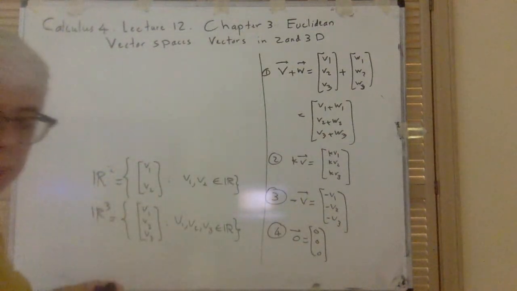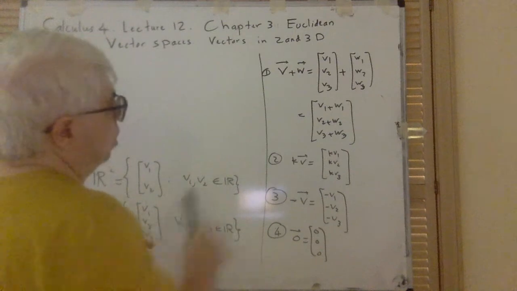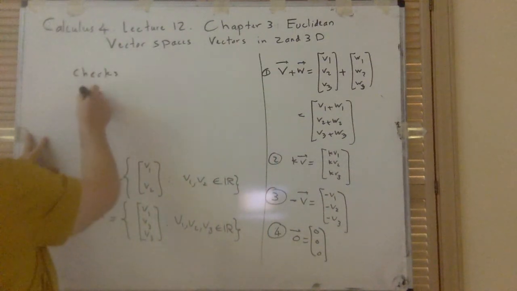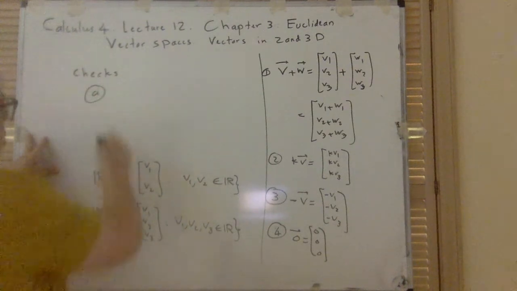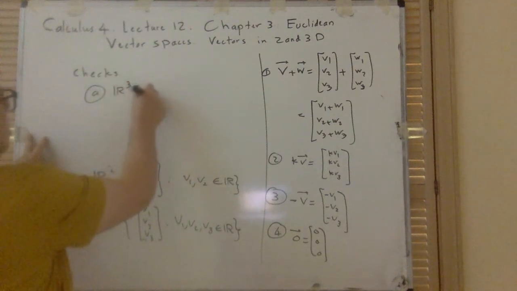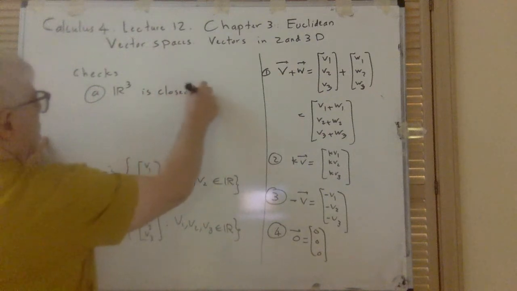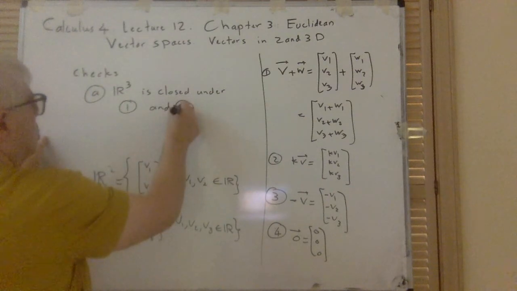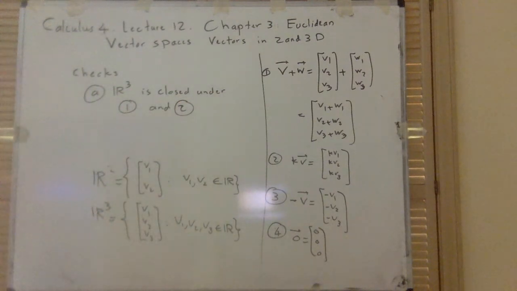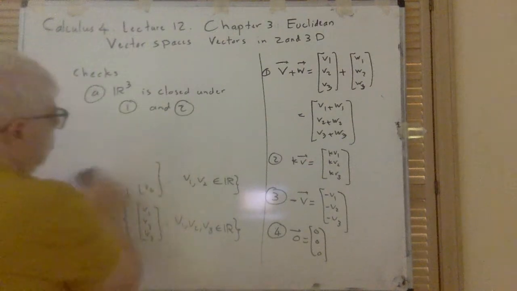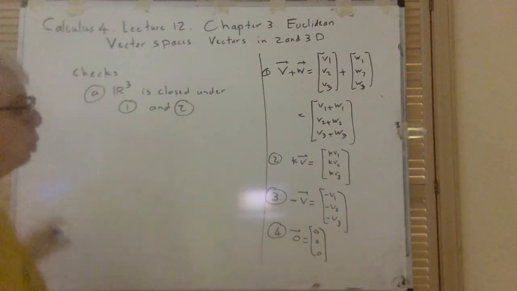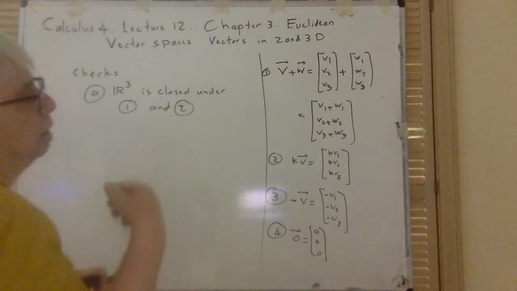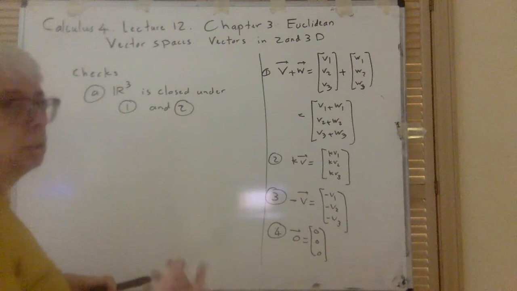First of all, we have to check whether it's closed under 1 and 2. So this R3 is closed under 1 and 2. What does closed mean? It means when you apply that operation to two vectors, or two elements of this set, the result is still in the set.